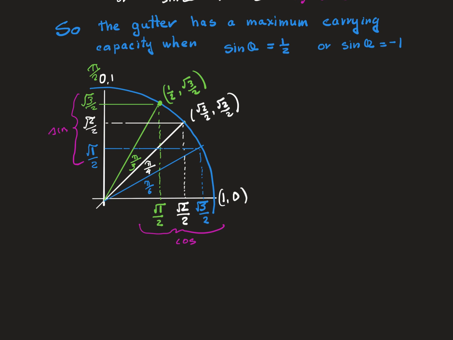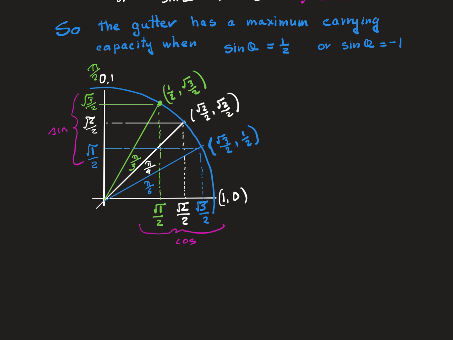And lastly, pi on 6 is going to be root 3 on 2 and 1 on 2 here. So this is only in this quadrant, but this relates to all the other quadrants, except that you need to take care of the negative signs.